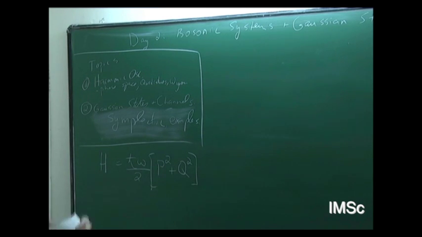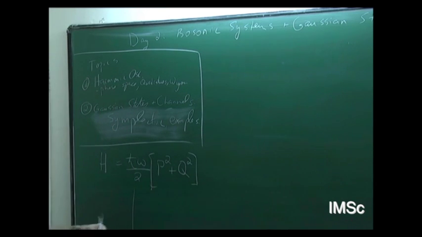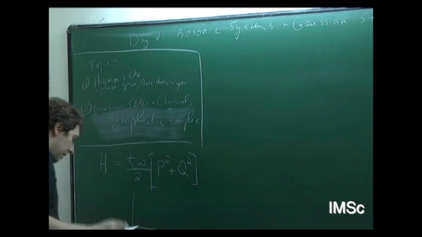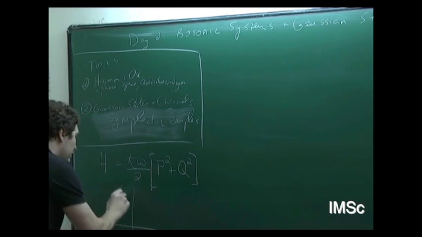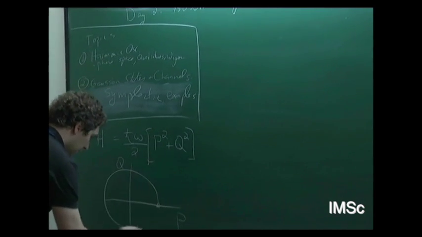So if you took some class in electromagnetics, usually what you do is you draw one of these. I think it's called a phasor diagram. So you have this phase space, you have p and q, and typically what happens with an electromagnetic wave is it sort of whips around in this circle like that.